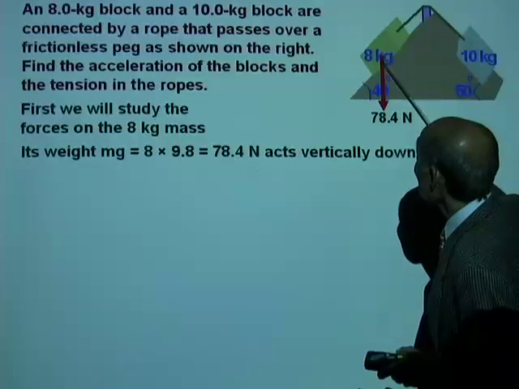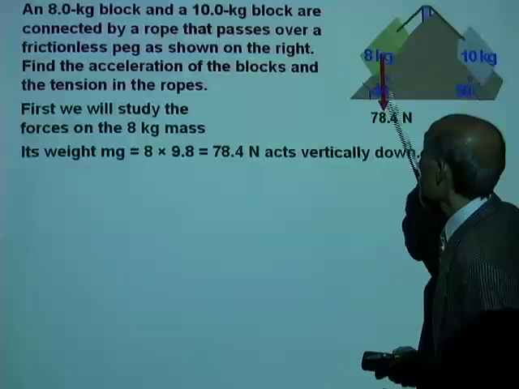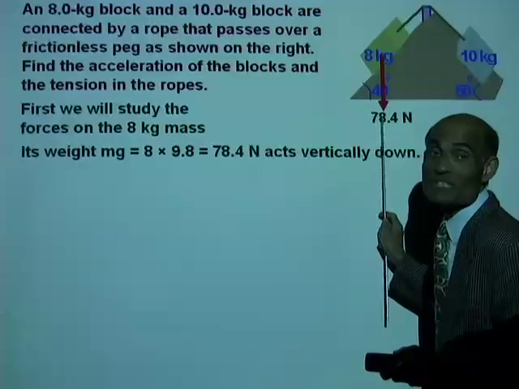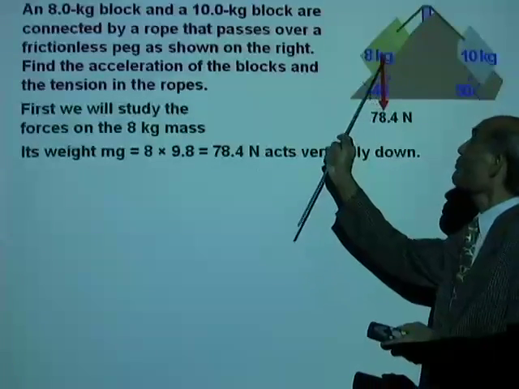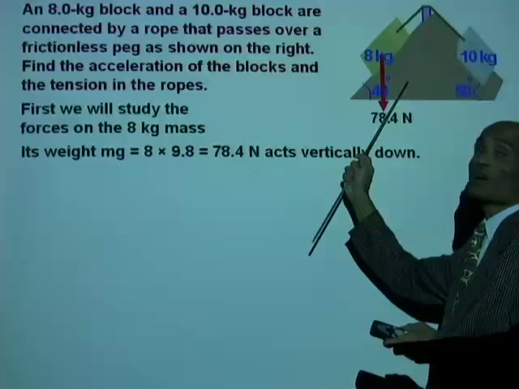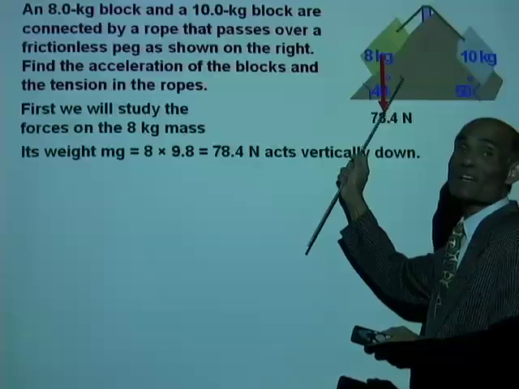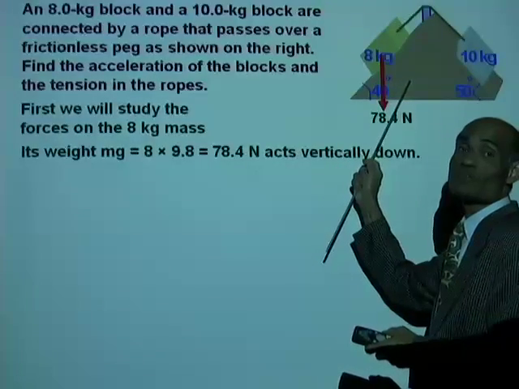A component of that will be pulling the box down the plane. That will be mg sine theta, 78.4 sine 40 degrees. And the force pressing the block will be mg cos theta. That will be 78.4 cos 40 degrees.